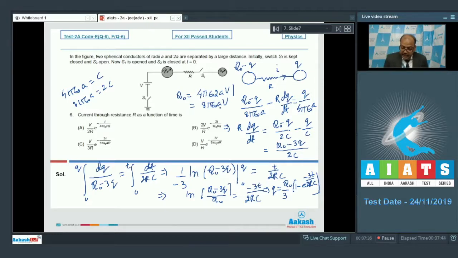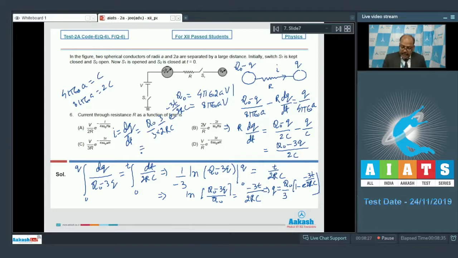We have to find dq by dt. So current I will be equal to dq by dt and comes out to Q0 by 3. The first term derivative will be 0. It is then minus into minus 3 by 2RC. So that means it is 3 by 2RC into e to the power minus 3t by 2RC.